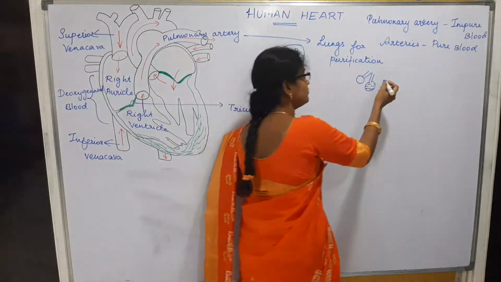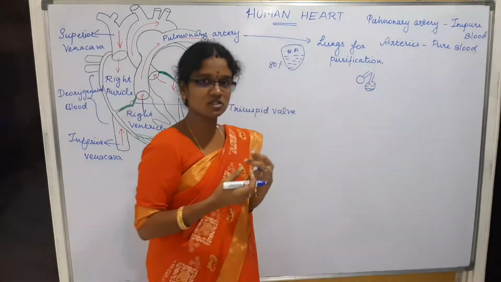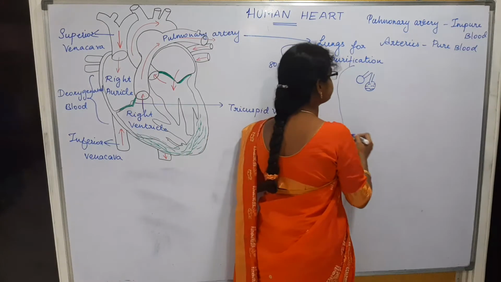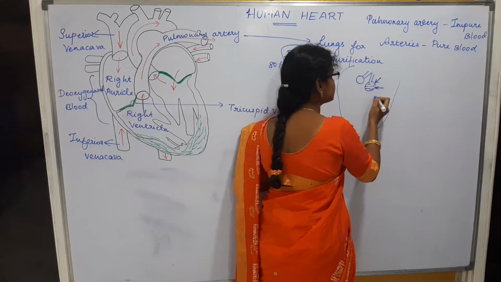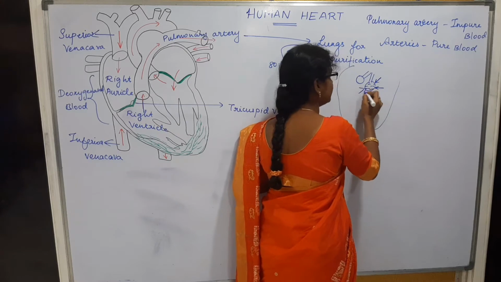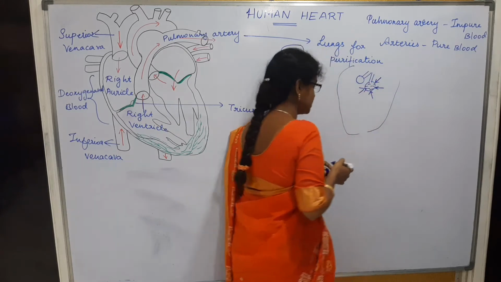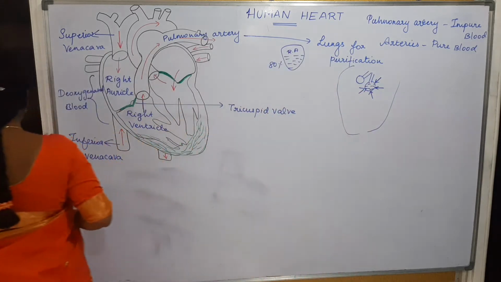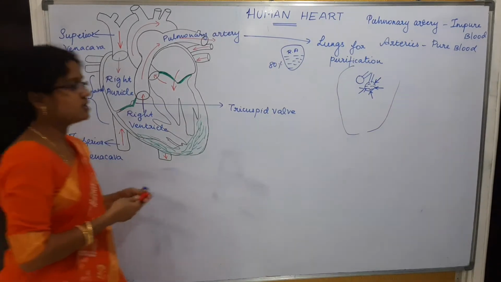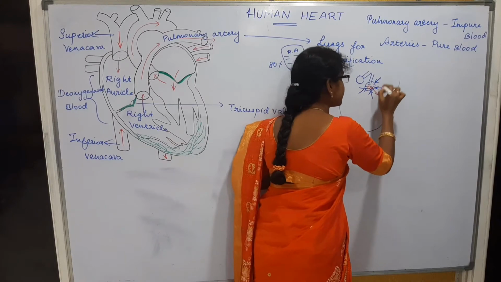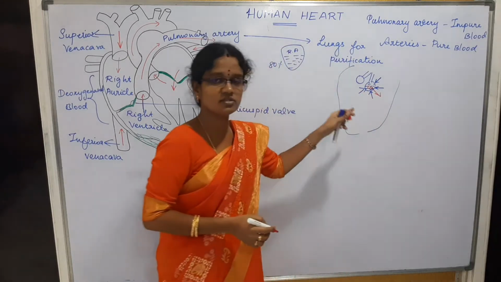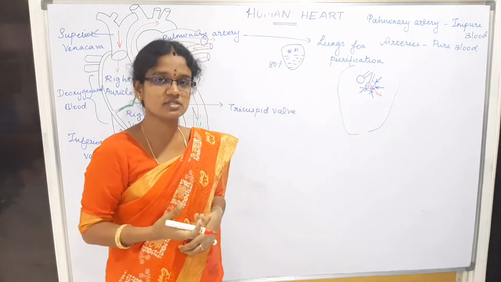The oxygen which we inhale, this is the lungs, right? This oxygen gets exchanged with the blood, and the carbon dioxide which is present in this blood goes outside. This process is called inhalation and exhalation. This is a continuous process, right?